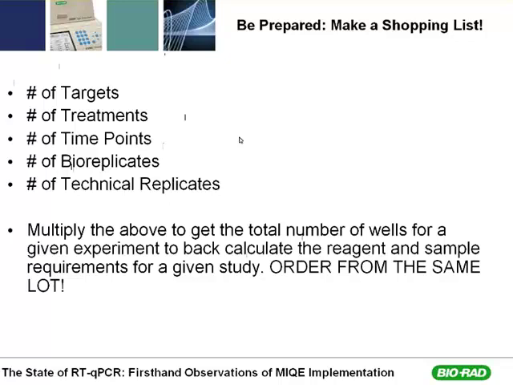You can order from the same lot. You'll also, of course, know from this total number value how much your experiment will cost by adding up the total number of reagents you'll need, and that'll give you an idea of whether you can even afford to do that kind of experiment, or you need to pare it down a little bit.